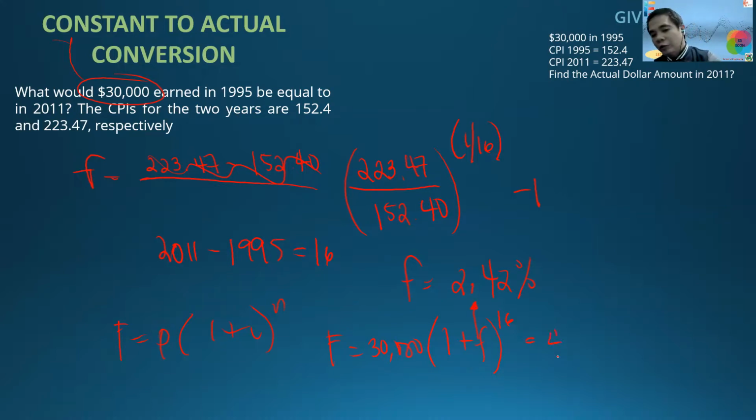Therefore, your equivalent value in actual dollars is 43,990.60.